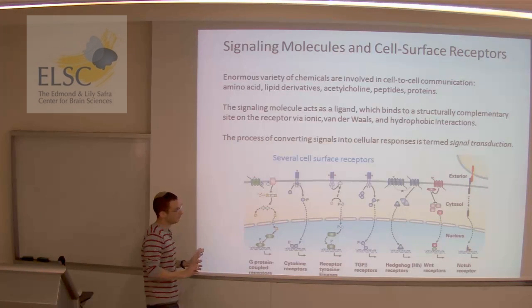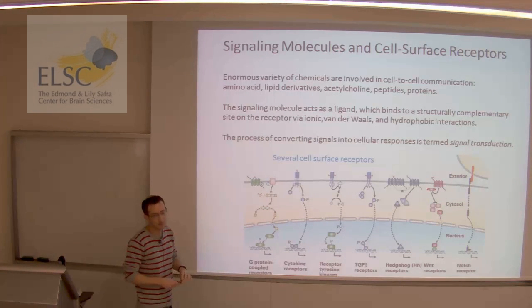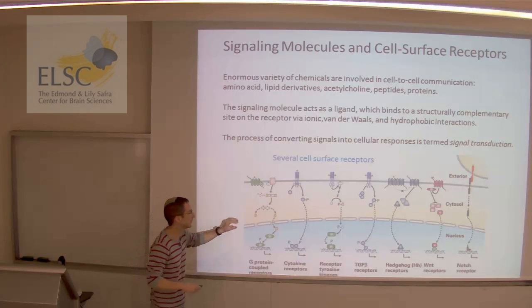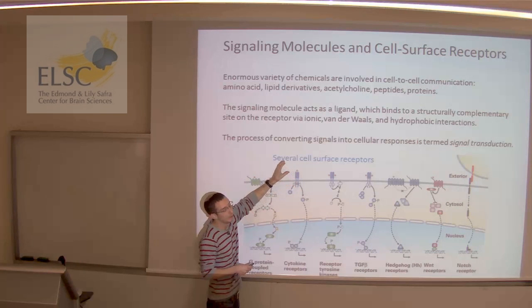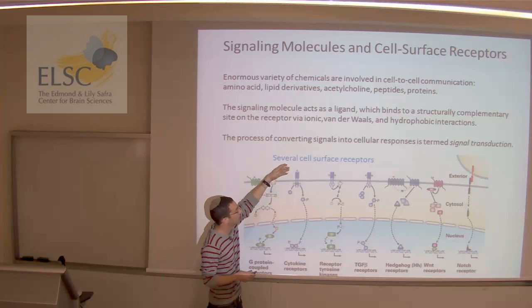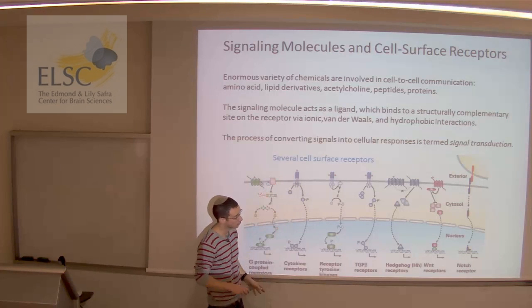Now, all of these examples are for ligands that are recognized by a membranal receptor, a receptor that sits on the plasma membrane, and they interact with it from the exoplasmic side, from outside of the cell, which makes sense.